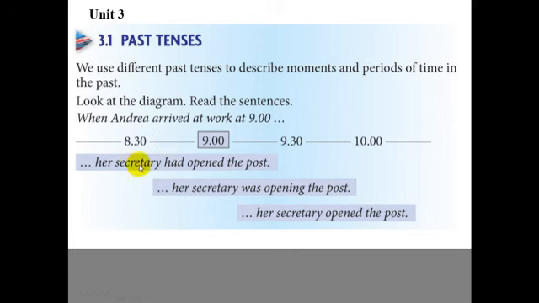So you could say her secretary had opened the post, which had happened at 8:30, the first far past, while at 9 o'clock you could tell that her secretary was opening the post.